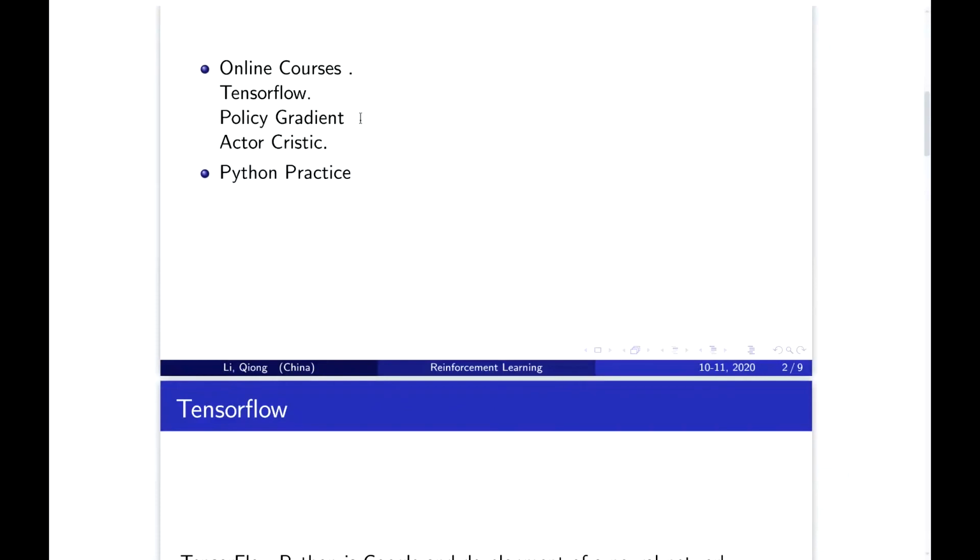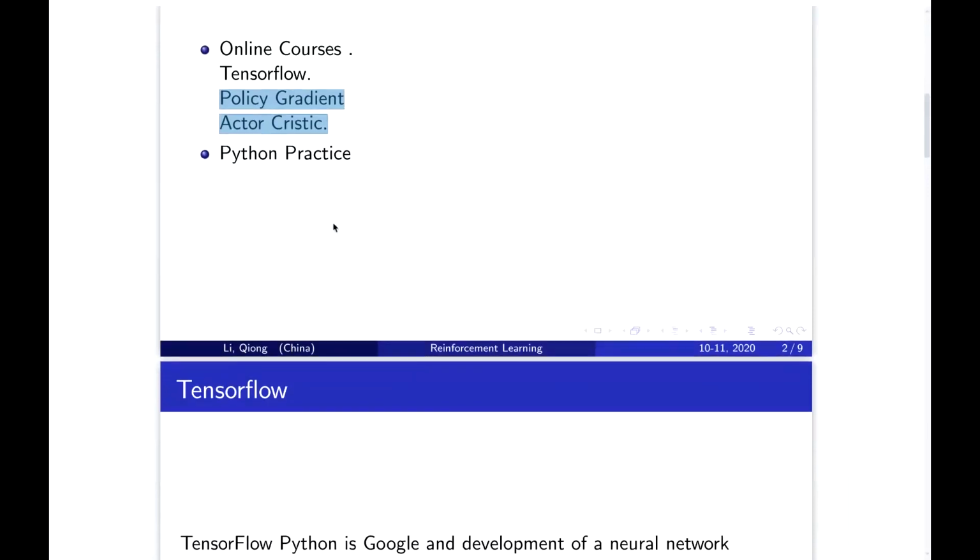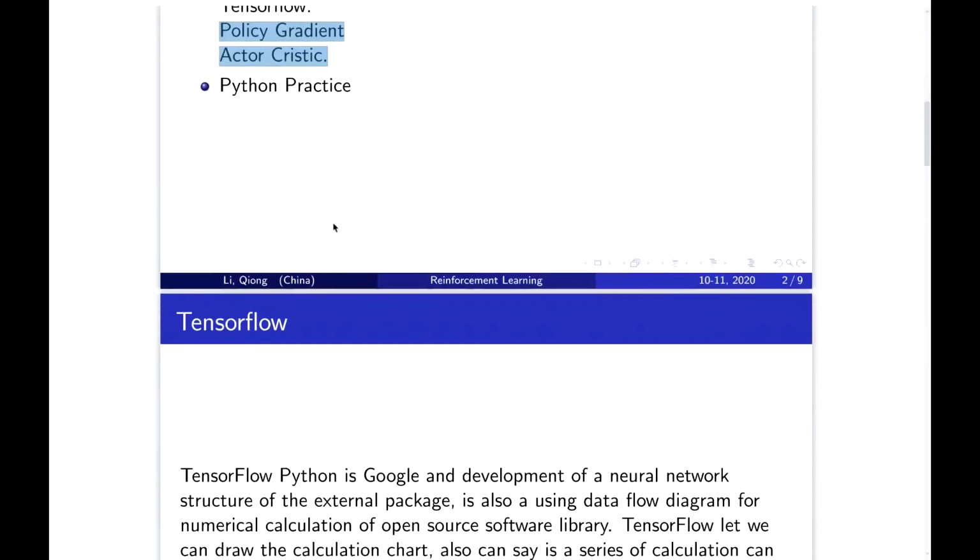There are two courses I have not practiced, but for the last course I did the Python practice. Okay. Next time you can put it on the slide so that we can directly read it. I hope next month you can do it. Okay, thank you. And this is about my understanding of TensorFlow.